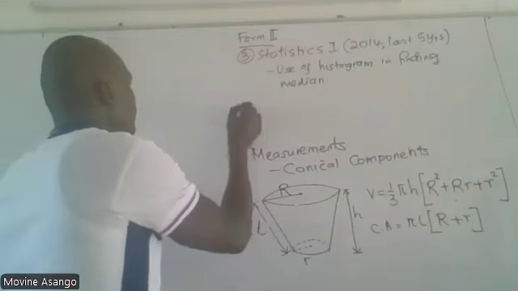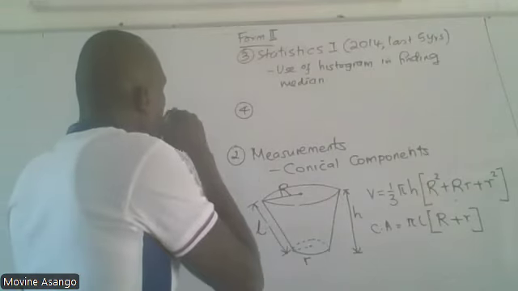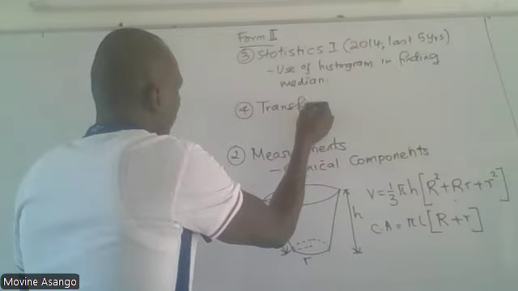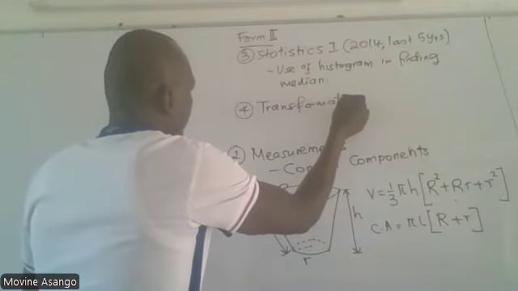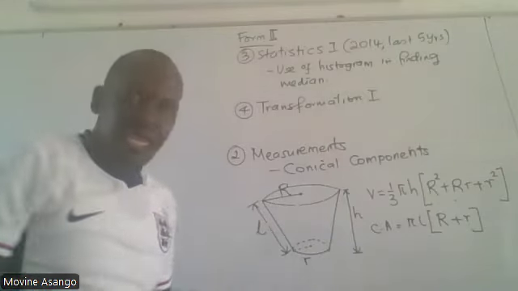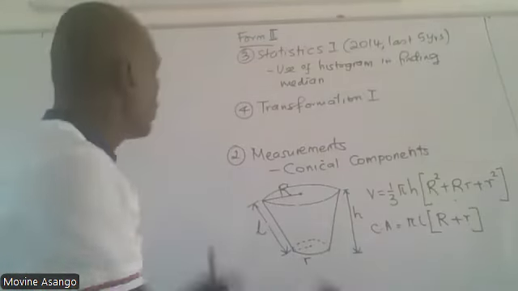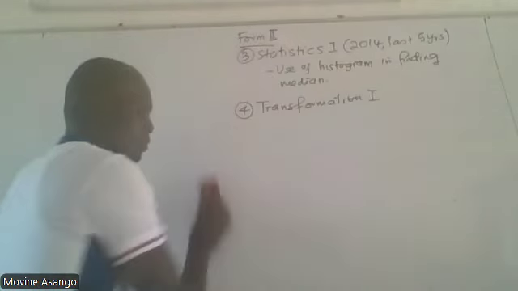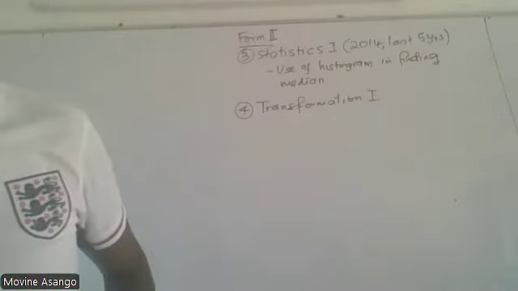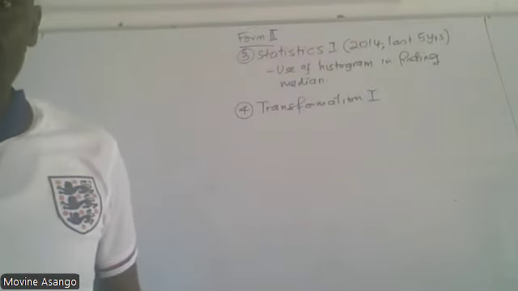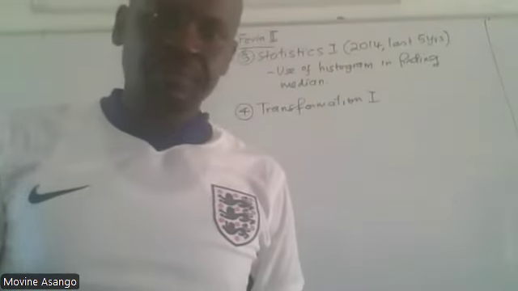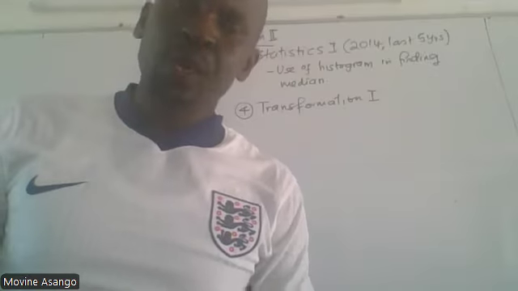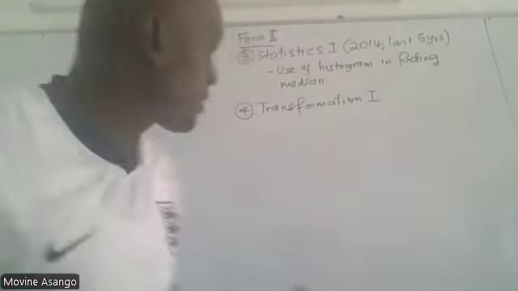Number 4, we talk about transformation. Transformation 1. Allow me to take a bit of time on transformation 1. When we talk about transformation 1, we are referring to 3 elements.